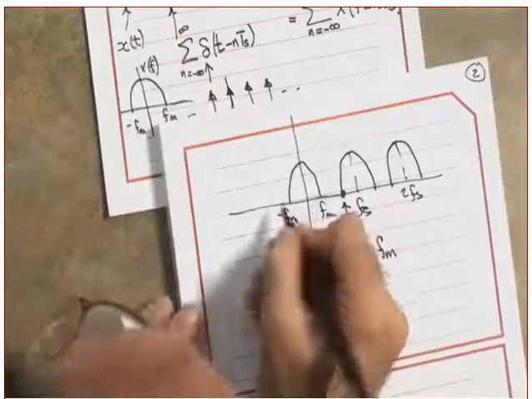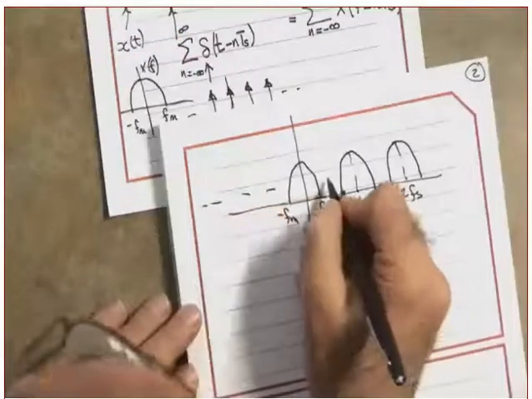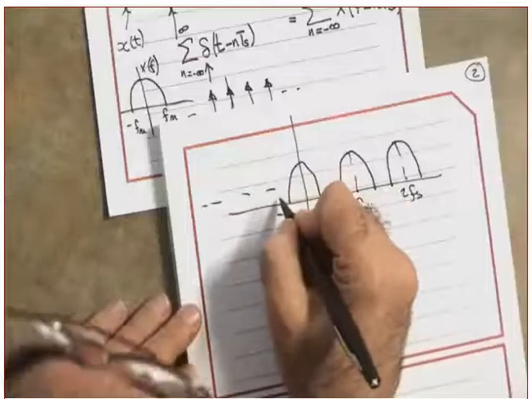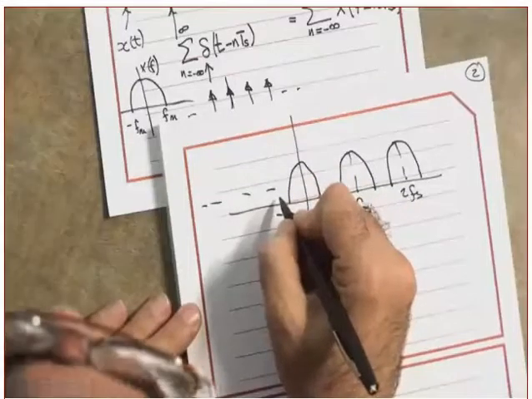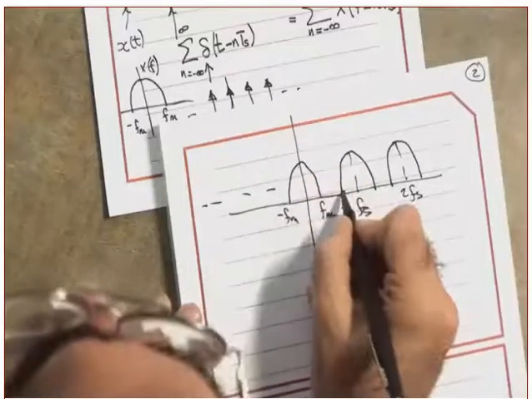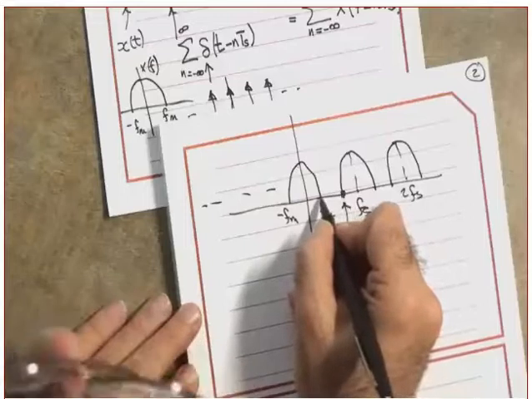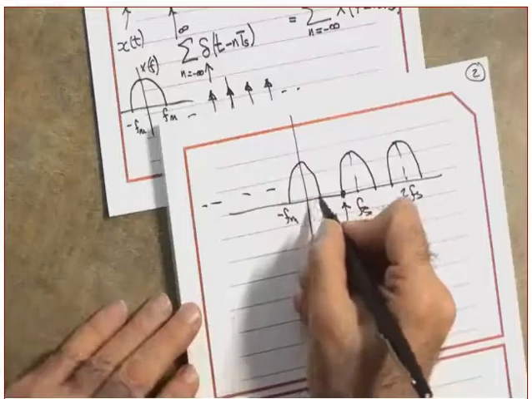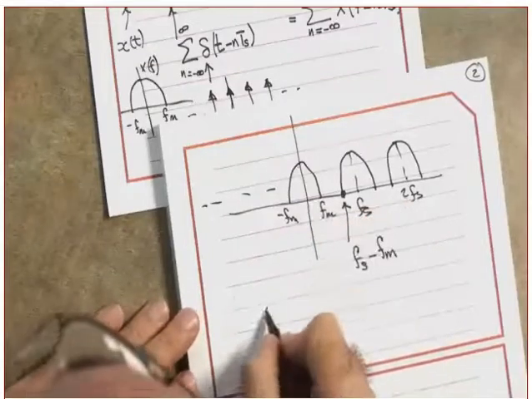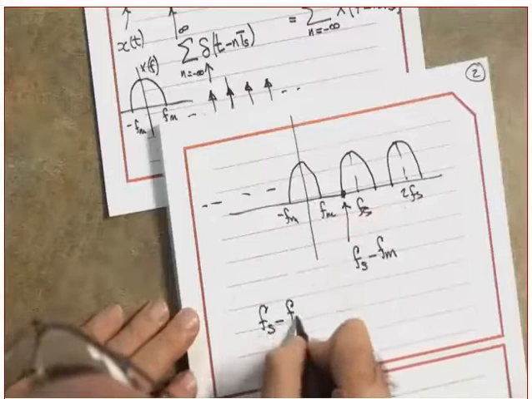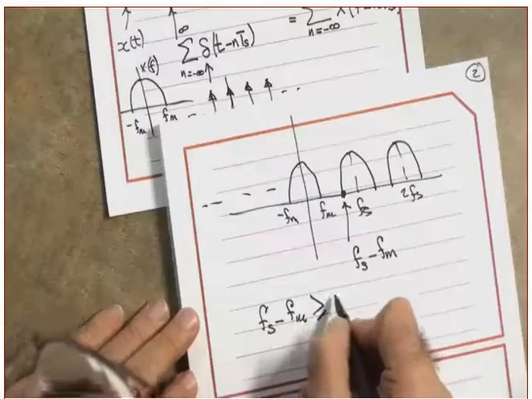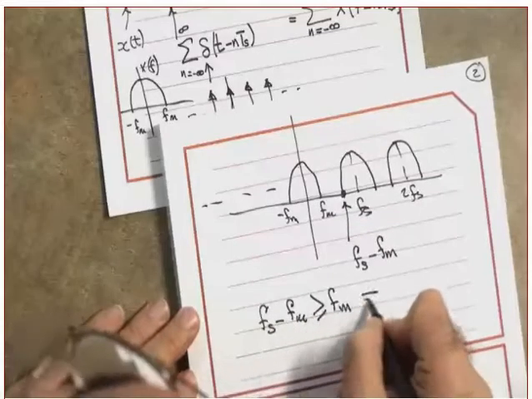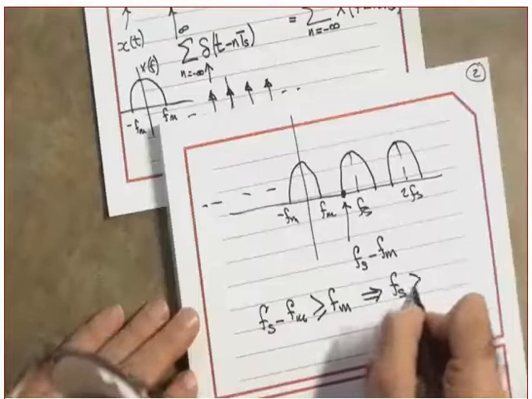Now, in order to recover this, what do I need to make sure? I need to make sure that this point is to the right of this point. Yes or no? Which means Fs minus Fm has to be greater than Fm, which means Fs has to be greater than 2 Fm.